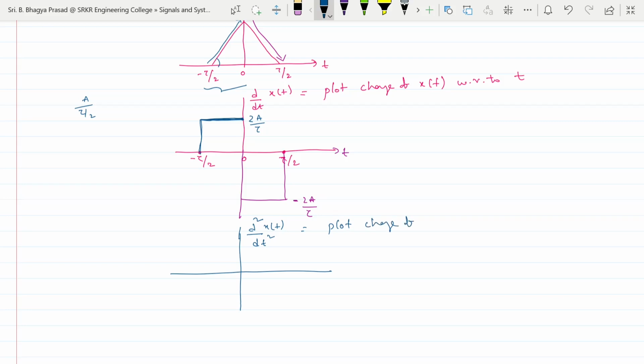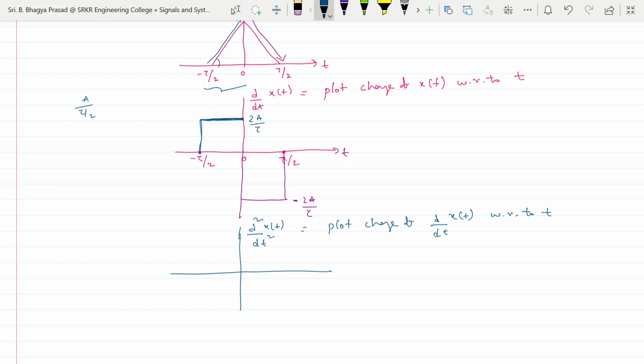Now I am plotting the change in d by dt of x of t for the above signal.